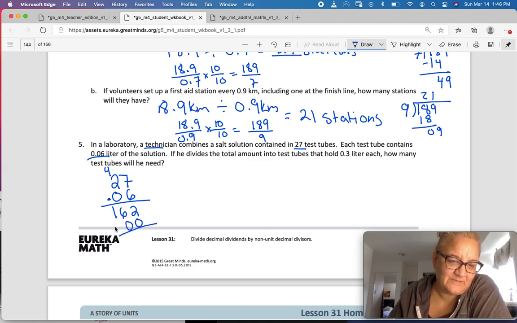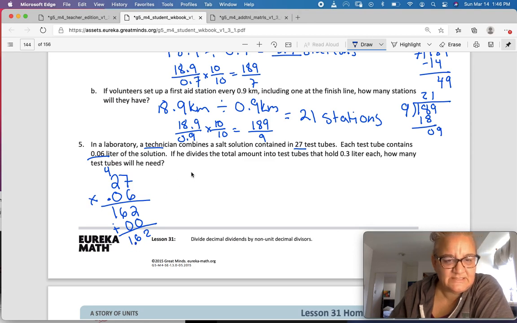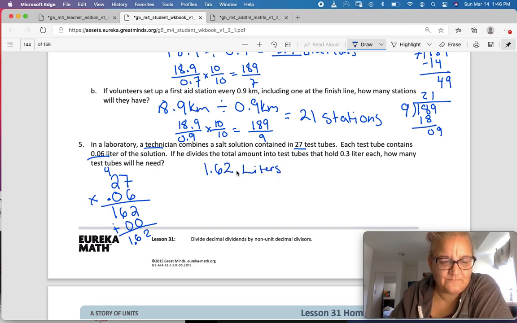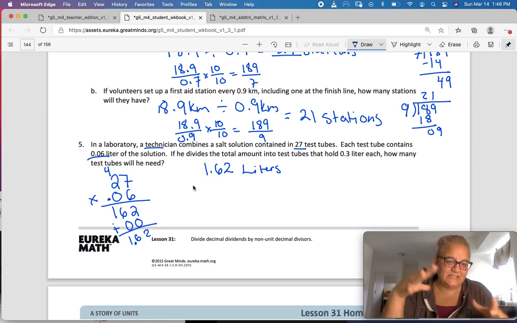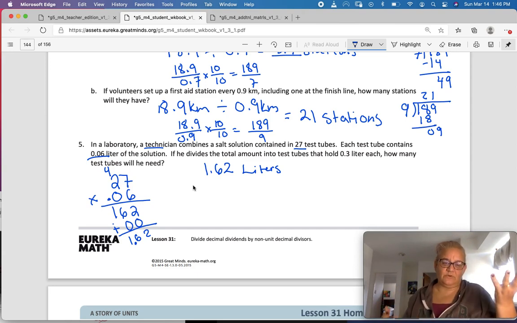Okay, and then this is multiplication, so I'm going to add 2, 6, 1, and then I'm going to put my decimal back in, and it goes right there, 1, 2. So I have 1 62/100ths liters of solution, okay, because I emptied all of those 27 test tubes out into a bucket, and that bucket is now holding 1 62/100ths of a liter.